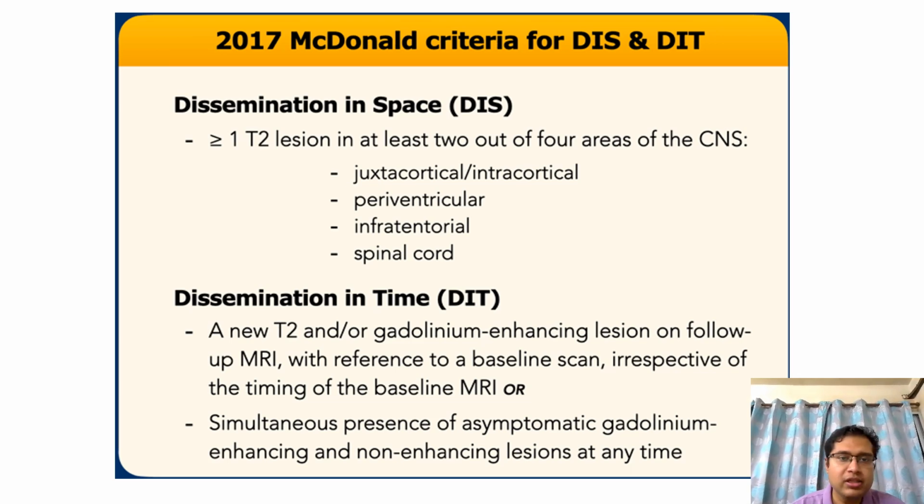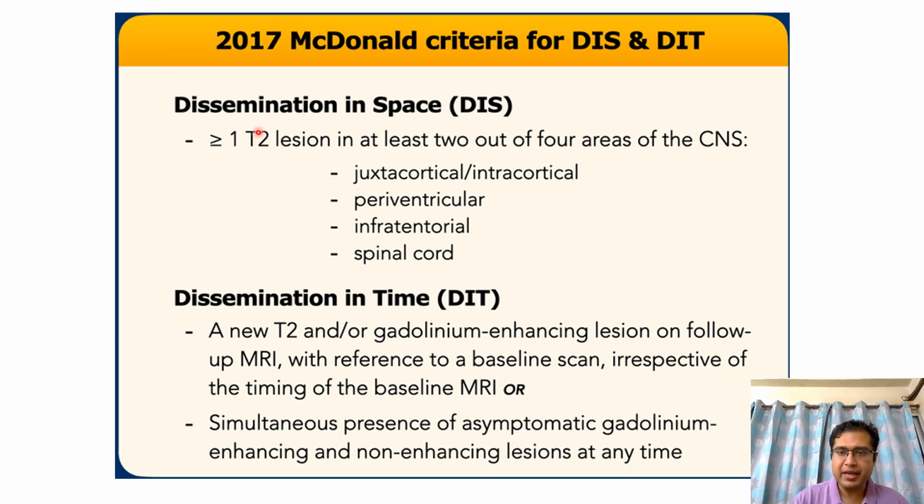But according to McDonald's criteria of 2017, we cannot label any lesion as multiple sclerosis until it meets the important dissemination in space and dissemination in time criteria. So what exactly is dissemination in space and dissemination in time?